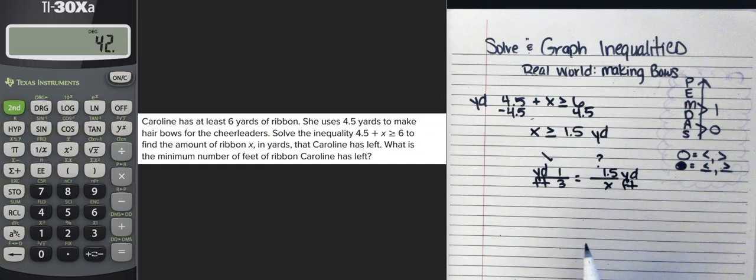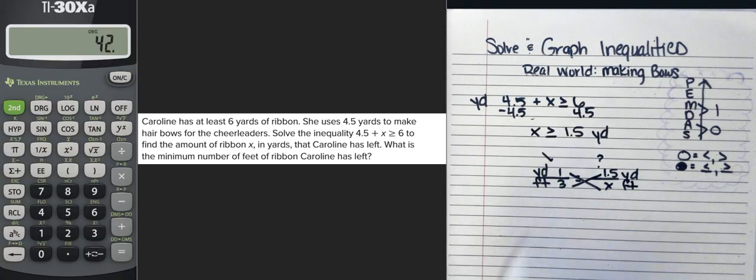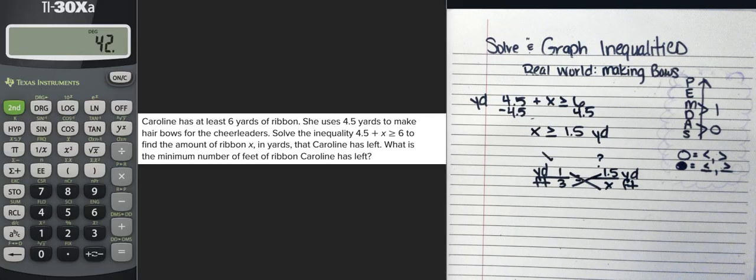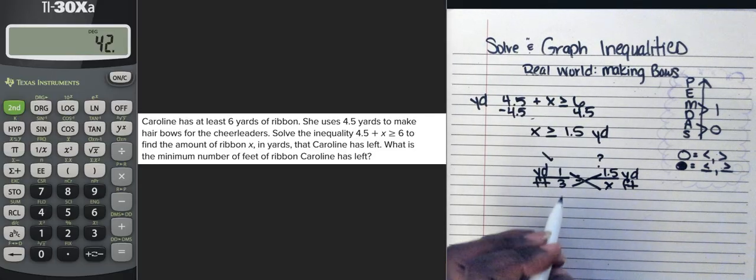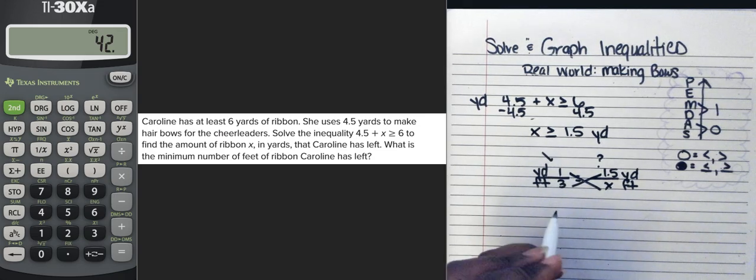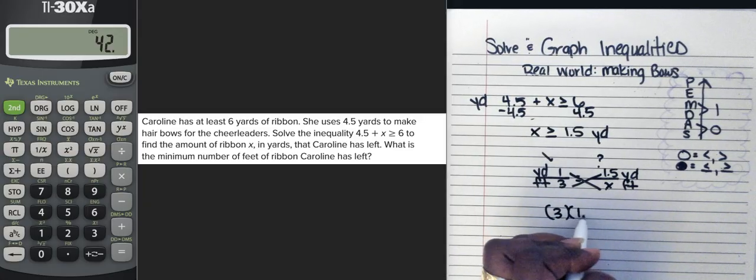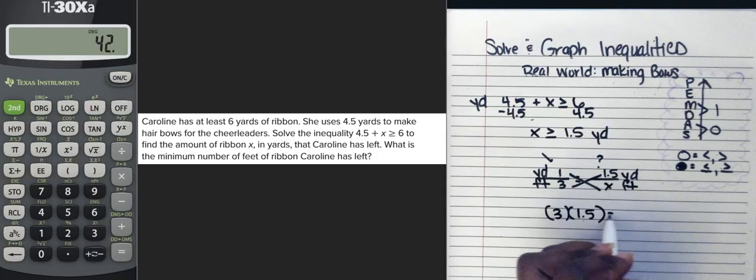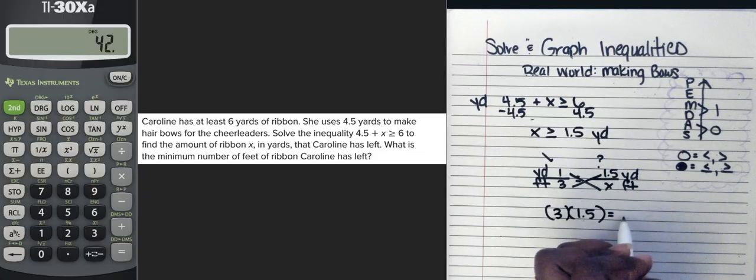Okay, so now what we need to do is go on and multiply. I'm going to use cross multiplication, right? And by doing that, I have 1.5 yards. I need to convert that into feet. So let's see what we have. We have 3 times 1.5, and that is going to be equal to 1 times x, or just x.